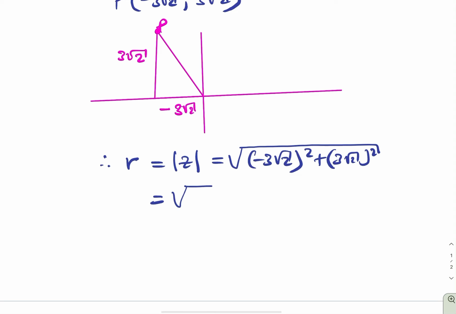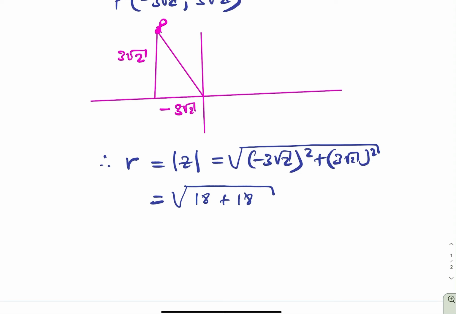Let's check what we are going to get. This is going to be 9 times 2, which is 18, plus 9 times 2, which is 18.